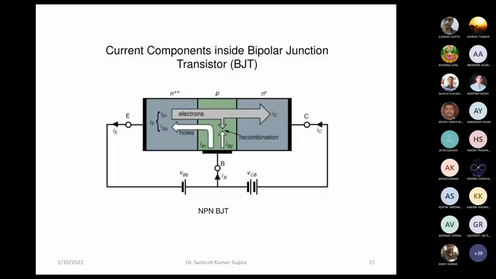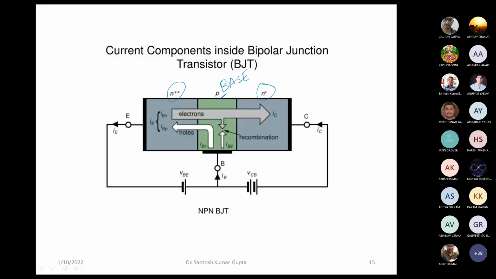So the different current components are re-illustrated here. This is for an NPN transistor. So collector and emitter both are N type here, and base is P type. The arrows here show the direction of the charge carriers' flow.